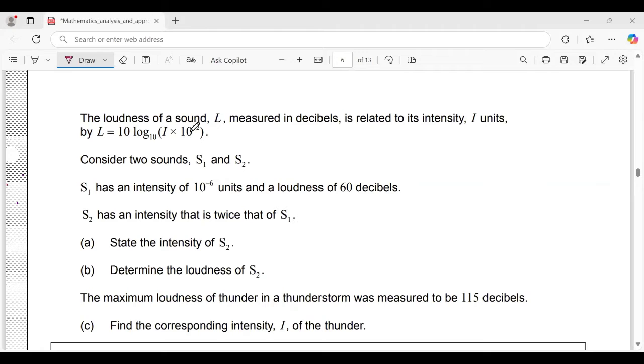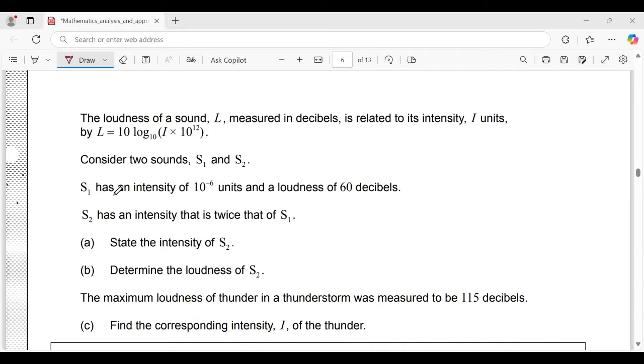The loudness of a sound L, measured in decibels, is related to its intensity I units by this equation: L equals 10 log10 of I times 10 power 12. Consider two sounds S1 and S2.